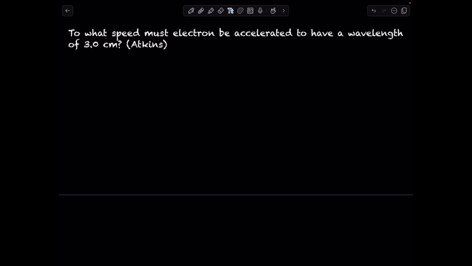Next problem. To what speed must electron be accelerated to have a wavelength of 3.0 centimeters? This question is from Atkins. Again, we can use the DeBroglie equation, lambda equals h over mv.